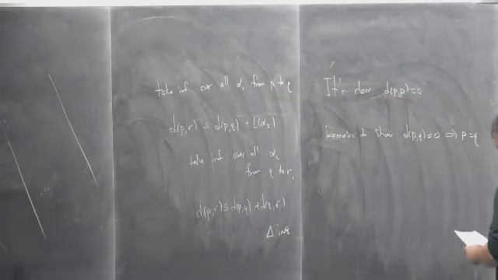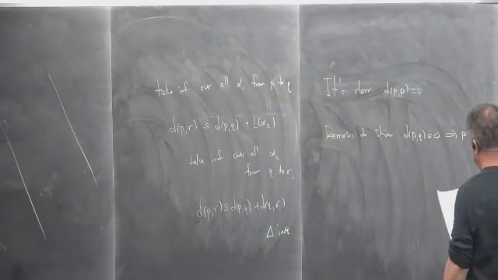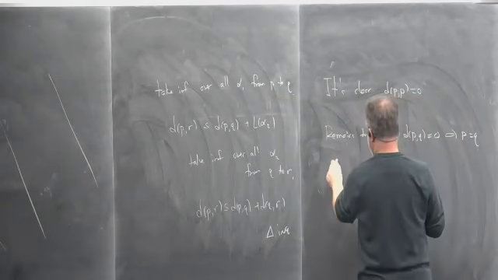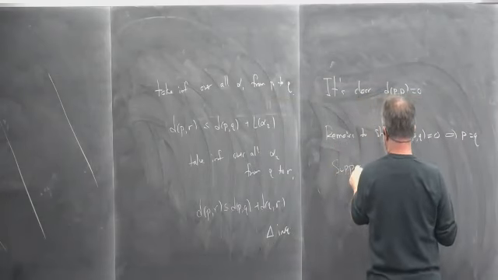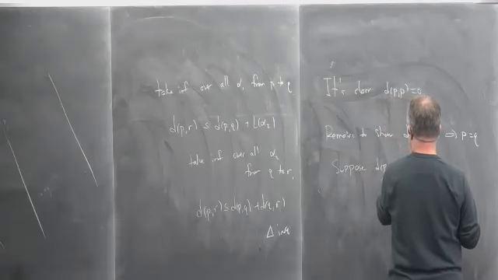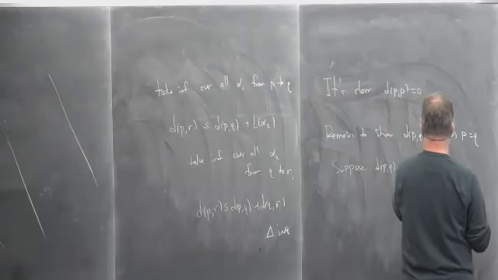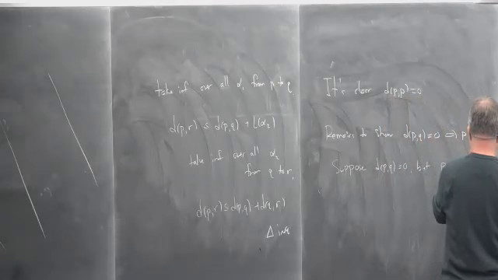And this is the only non-trivial part of the argument, and this is where we're going to use some Riemannian geometry. So suppose that the distance from P to Q was 0, but P is not equal to Q. We need to get a contradiction.